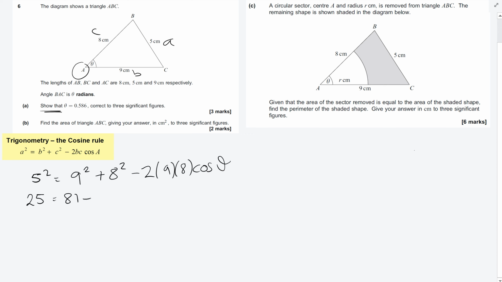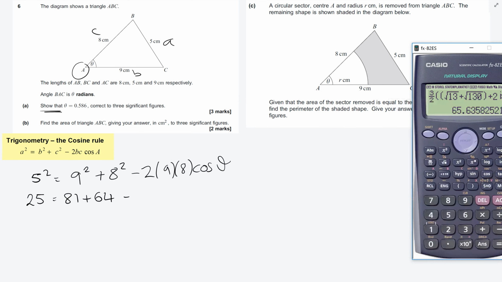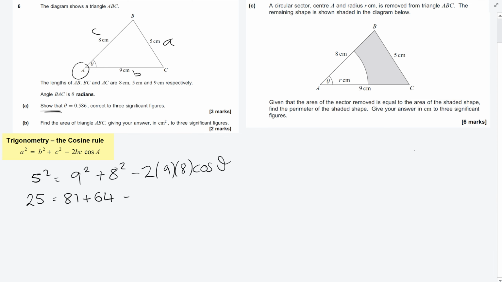25 equals 81 plus 64 minus 2 times 9 times 8. Now, because I've got it here, I'm just going to use this to confirm that 2 times 9 times 8 is in fact 144. So 144 cos theta. Now let's rearrange everything.